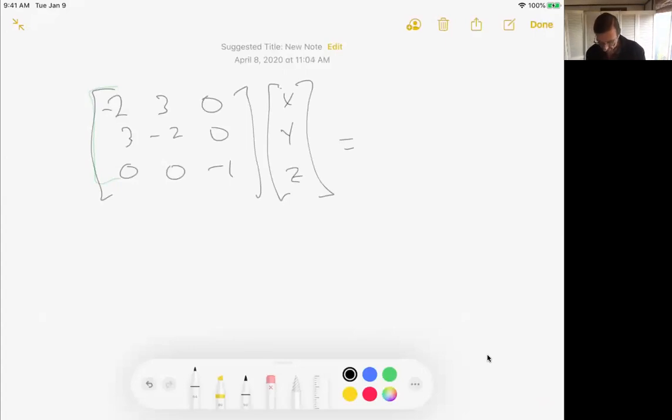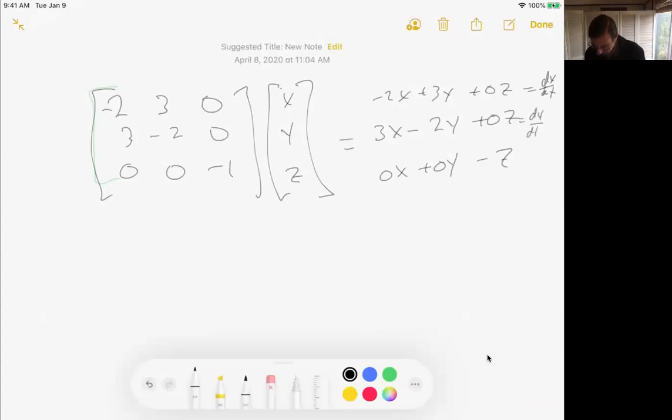If you were to actually multiply the matrix times the vector, you'd get minus 2x plus 3y plus 0z, 3x minus 2y plus 0z, and 0x plus 0y minus z. This equals dx/dt, this is dy/dt, and this is dz/dt.